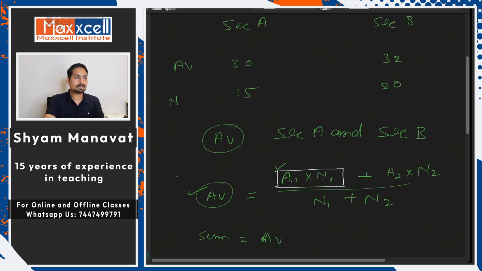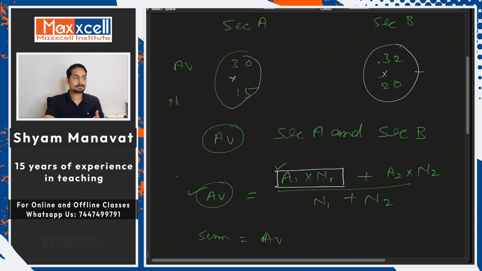And if you want to calculate the sum of values for group 2, section B, what will you do? The total marks of section B, that is average into number of values, will get you the sum of values again.